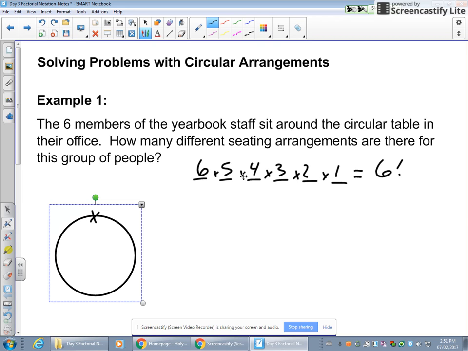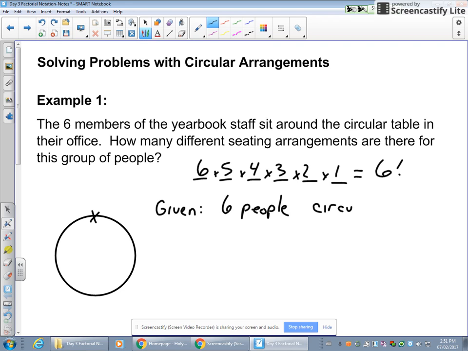So our problem, in this case, we'll do our proper solution. We're given 6 people in a circular arrangement. We are required to find the number of different seating arrangements.